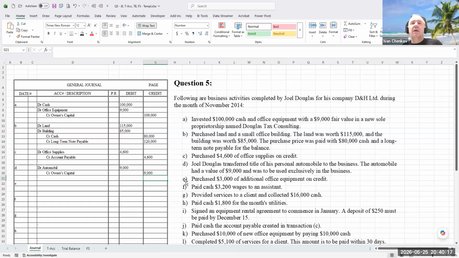Let's do another one. Letter E. In letter E, we purchase $3,000 of additional office equipment on credit. What did the business get? Debit, office equipment.